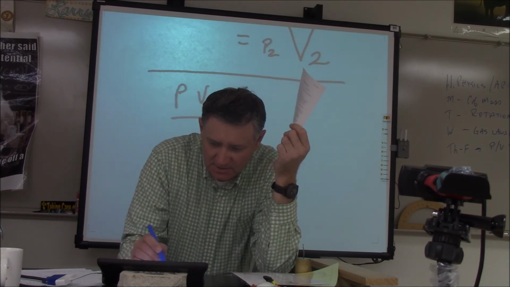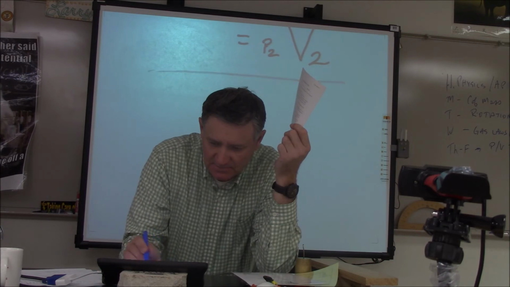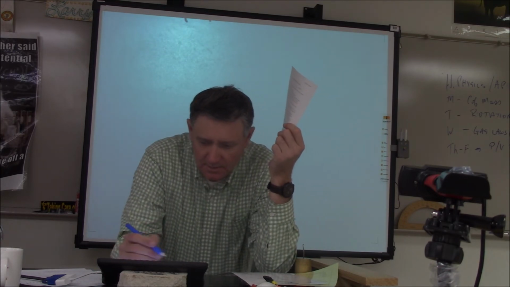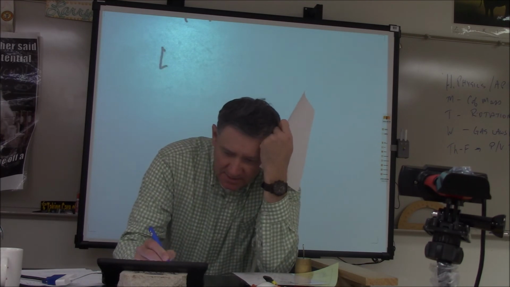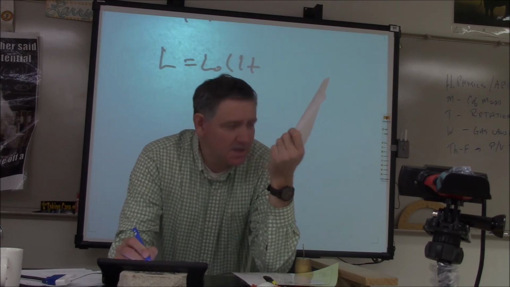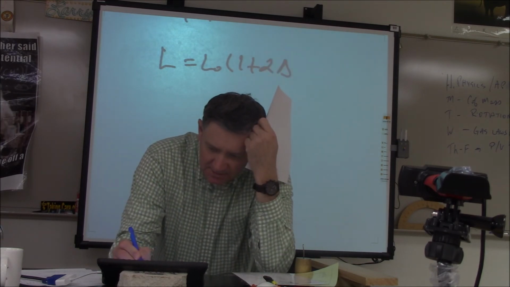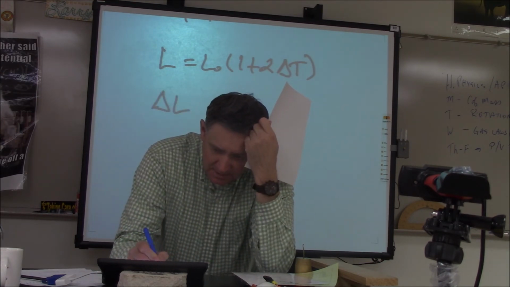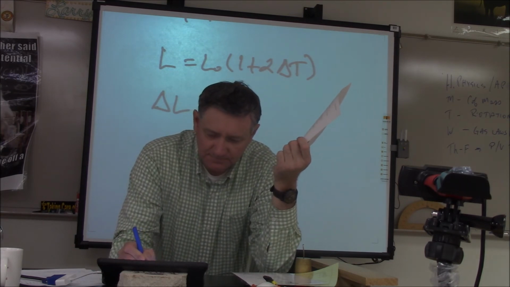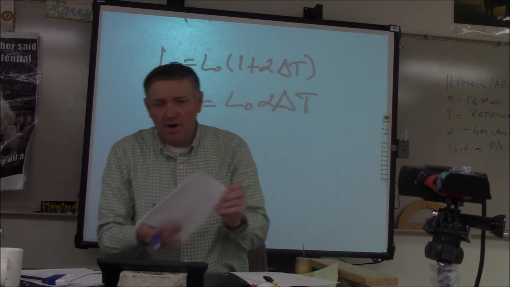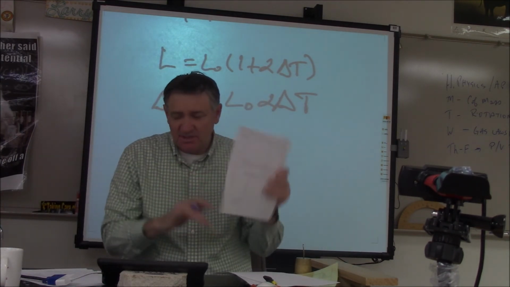So, you've got L equals L naught times (1 plus alpha delta T), and then you've got delta L equals L naught alpha delta T.